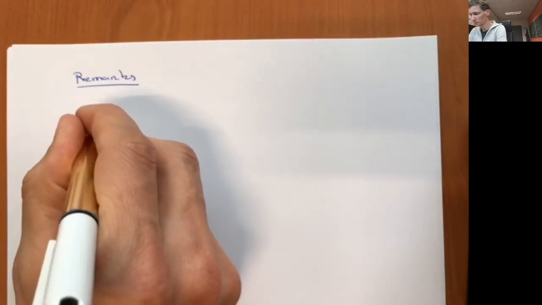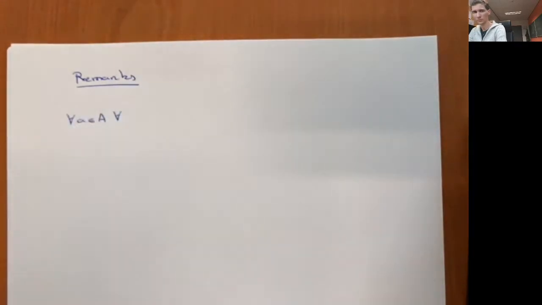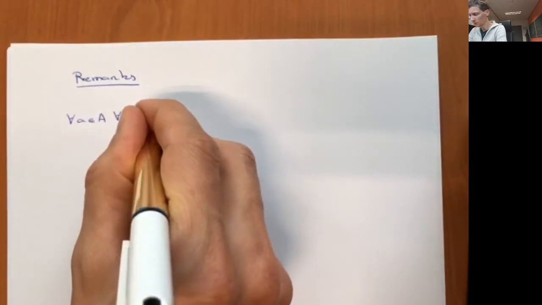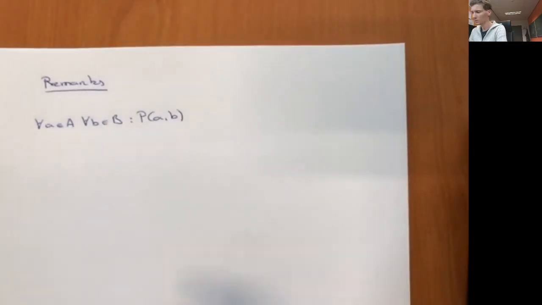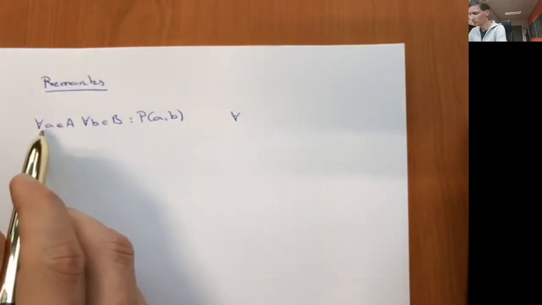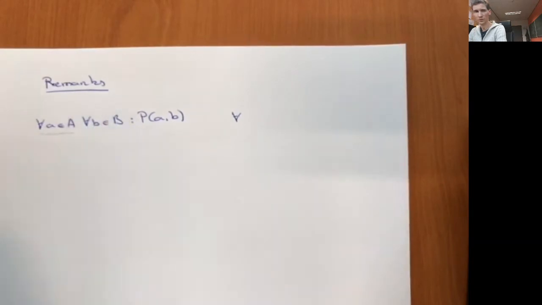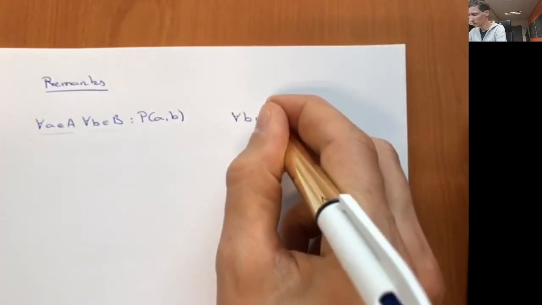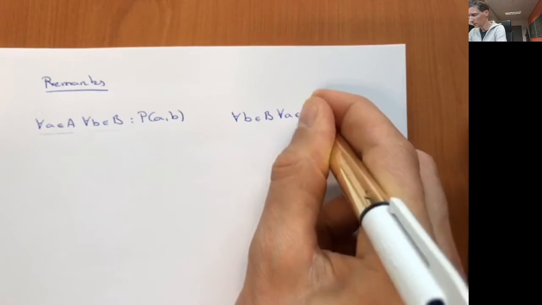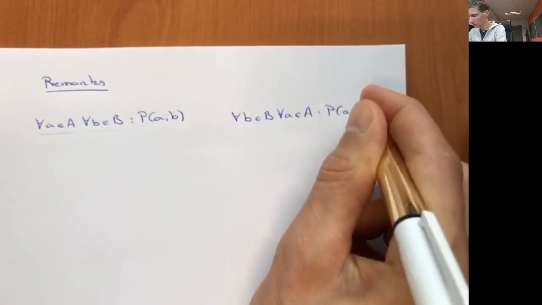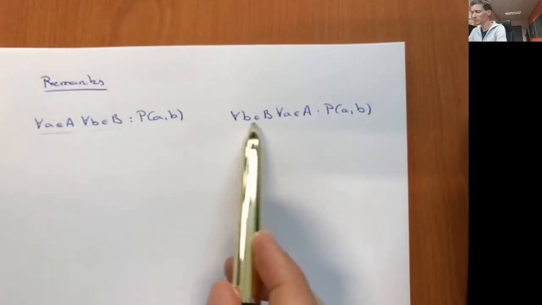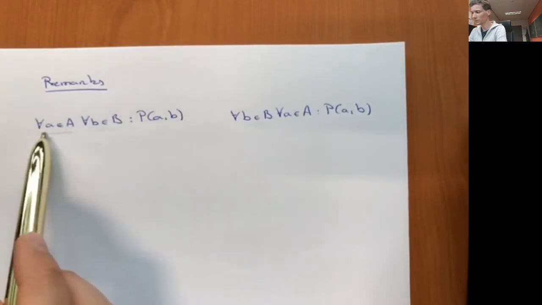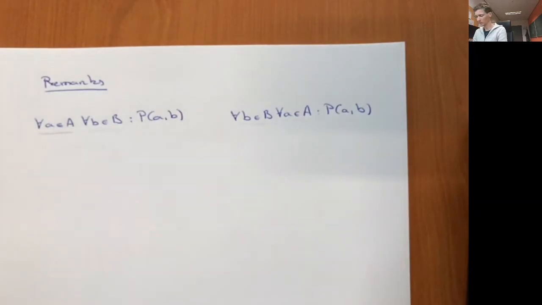Okay, so for example, if you have two quantifiers, for all A in A and for all B in B, P(A,B), and you would like to know if you can exchange this first part here with the second part here. So you can write for all B in B and for all A in A, P(A,B). Okay, so the difference between this formula and this formula is that here the B is up front and the A is second, and here the A is up front and the B is second.